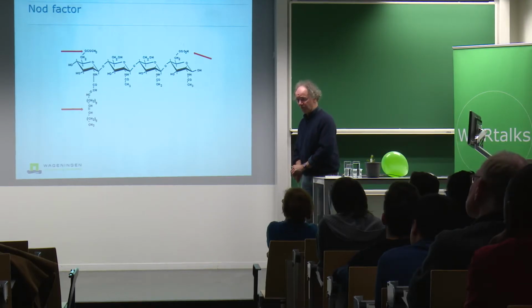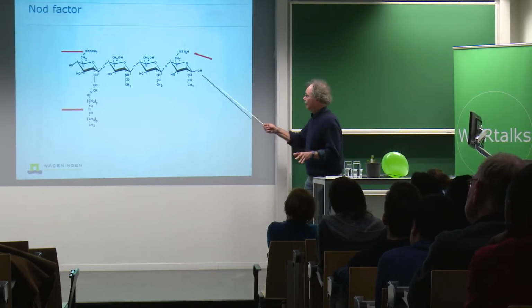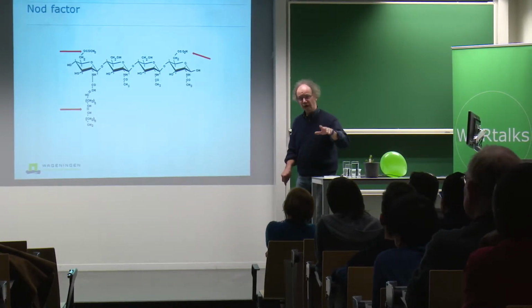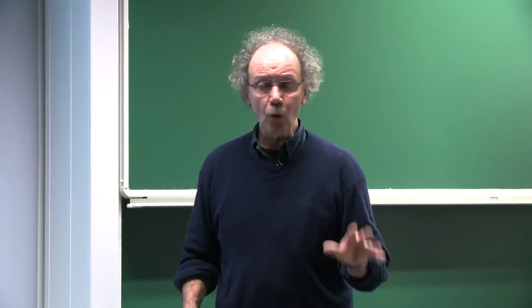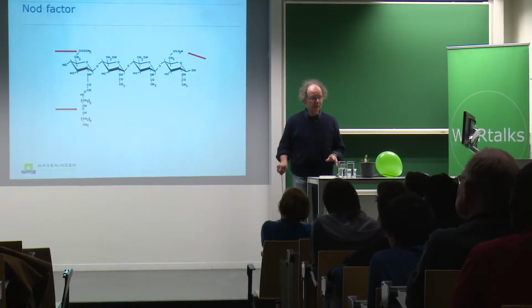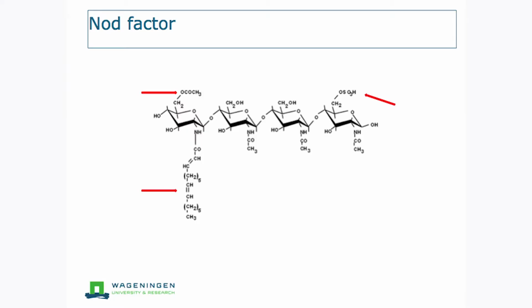This is the signal molecule. This is one example. It's a small chitin backbone, 4, 5 subunits. There's always a lipid at the tail, but everywhere where I now put a red arrow, this is something that can be different.